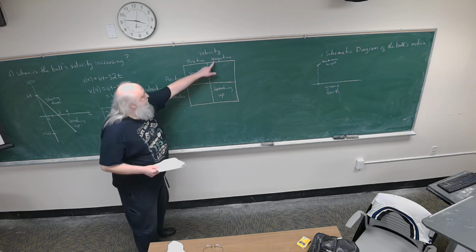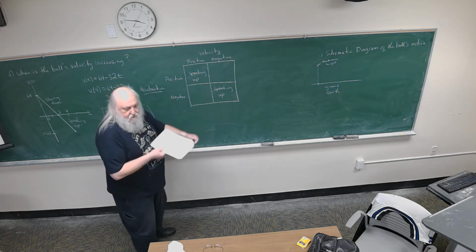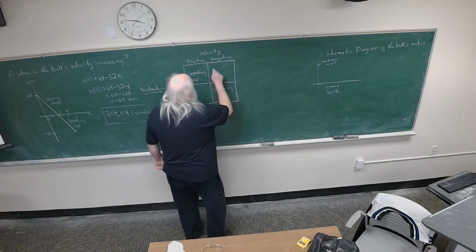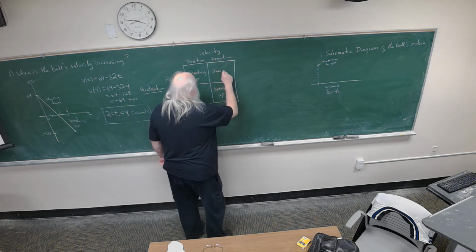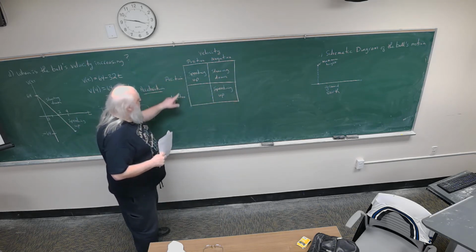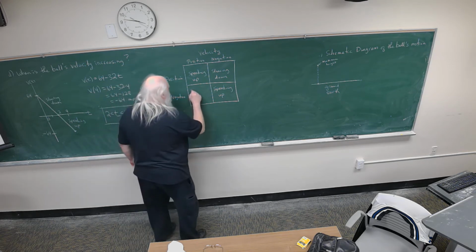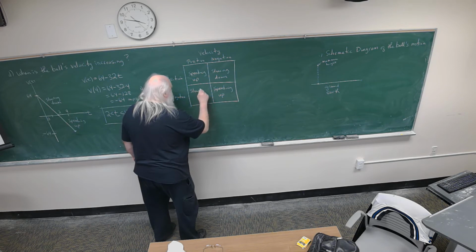When the velocity is negative and the acceleration is positive, they're working in opposite directions, and that'll cause the object to slow down. And the same is true when the velocity is positive and the acceleration is negative. They're working in opposite directions, and so the object will slow down.